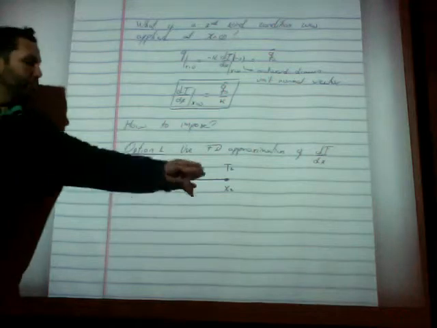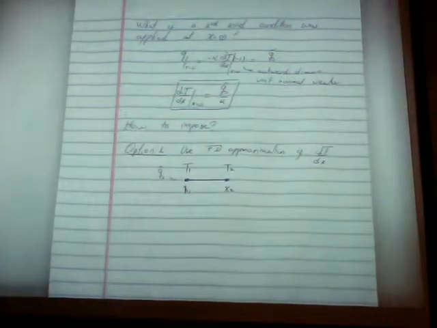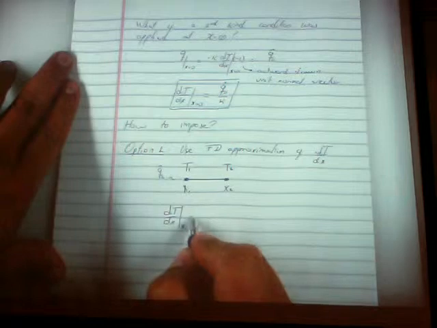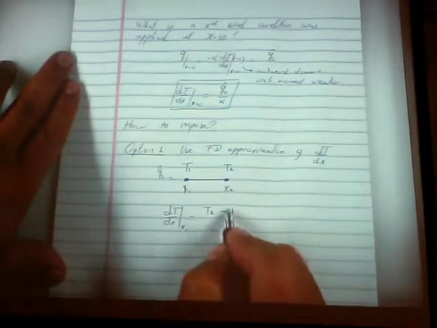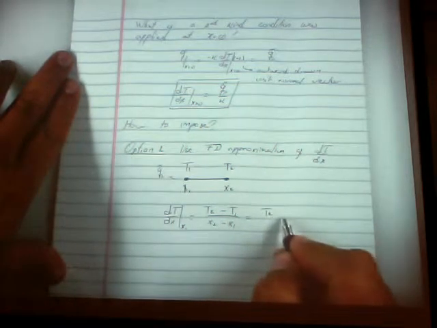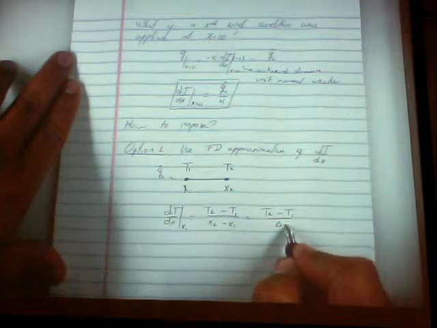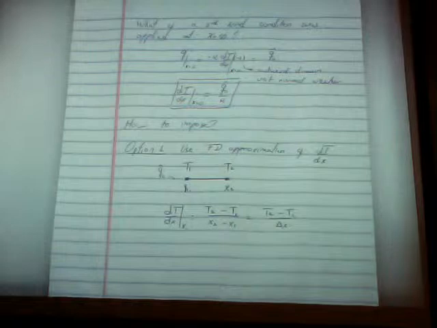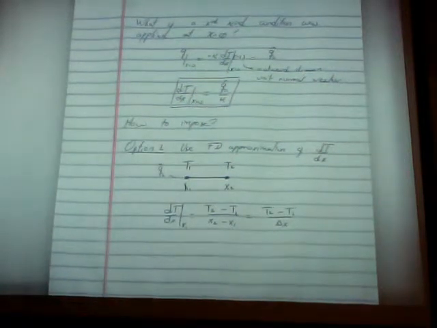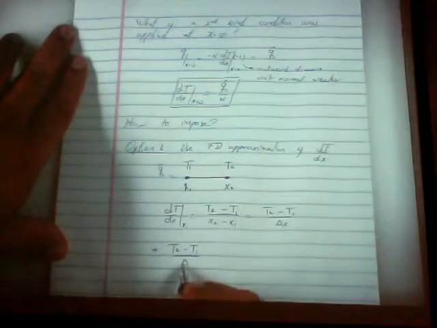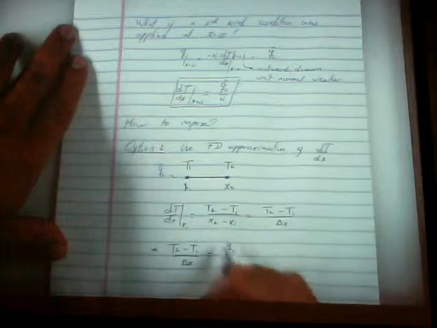The finite differencing approximation of the derivative would be dT/dx at x1 is equal to T2 minus T1 divided by x2 minus x1, which is simply T2 minus T1 divided by delta x. Therefore, T2 minus T1 divided by delta x is equal to the imposed value Q0.